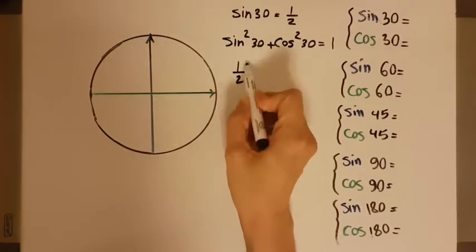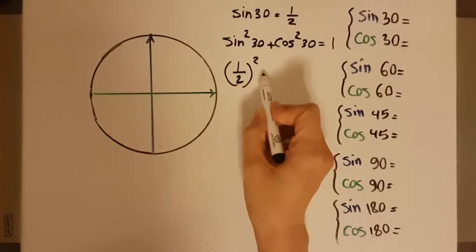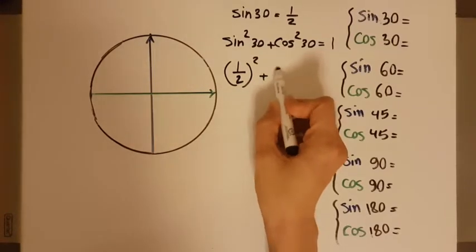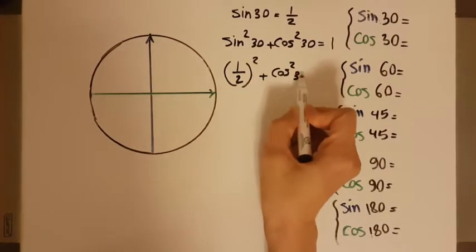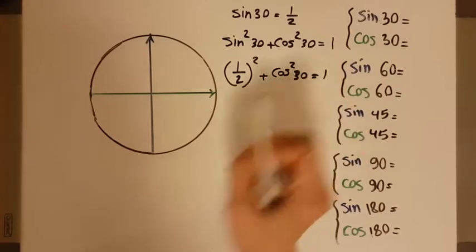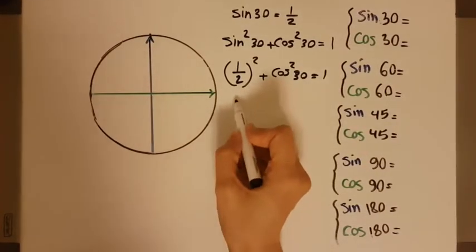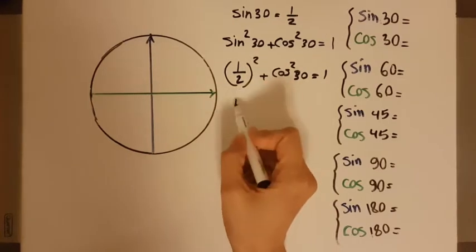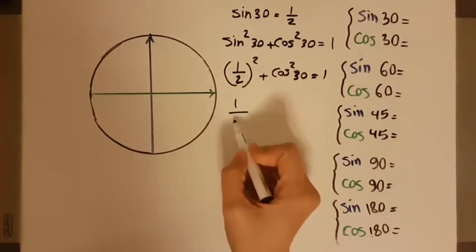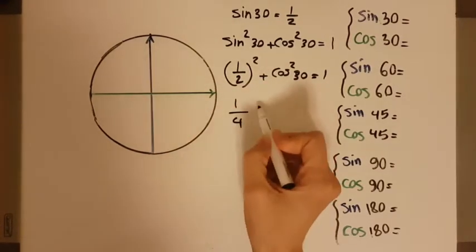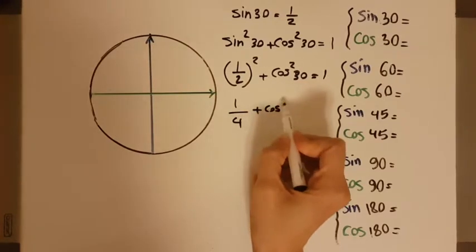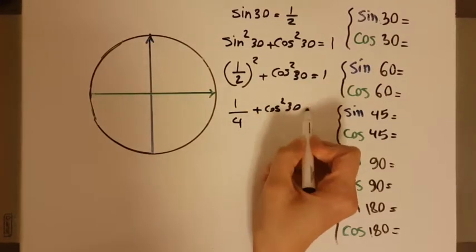We know the sine is 1 over 2, so (1/2) squared plus cosine square of 30 equals 1. So this would be 1 to the power of 2, which is 1, and 2 to the power of 2, which is 4, plus cosine square of 30 equals 1.